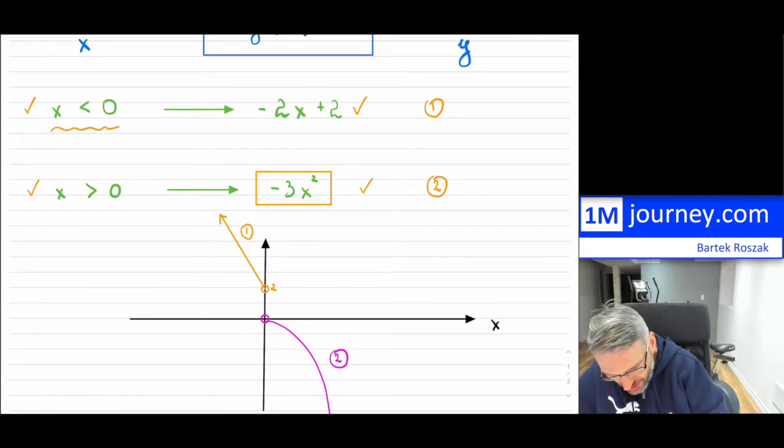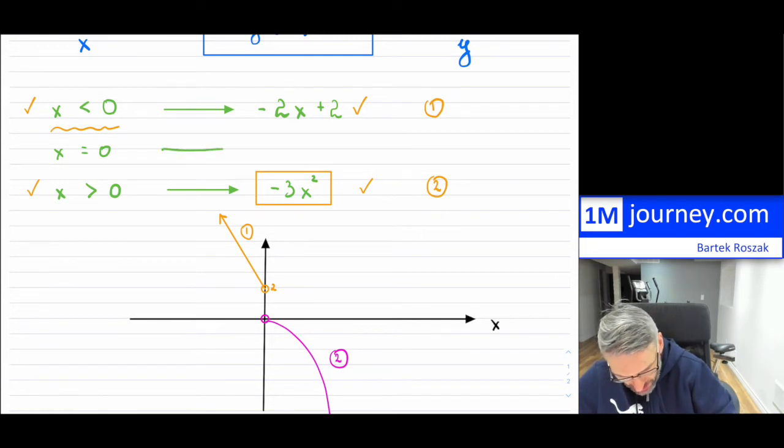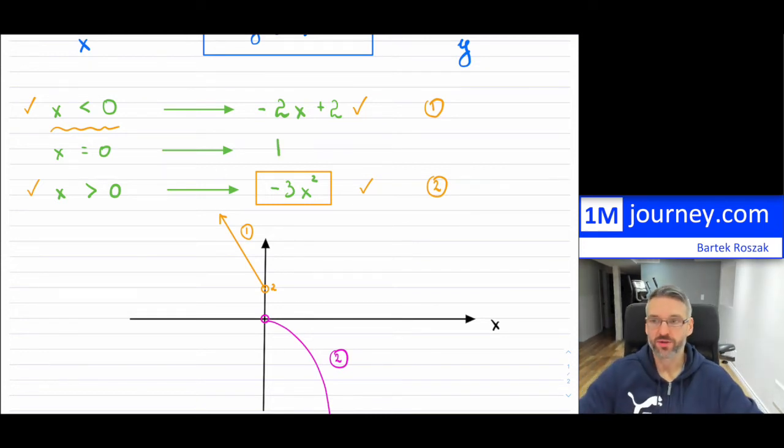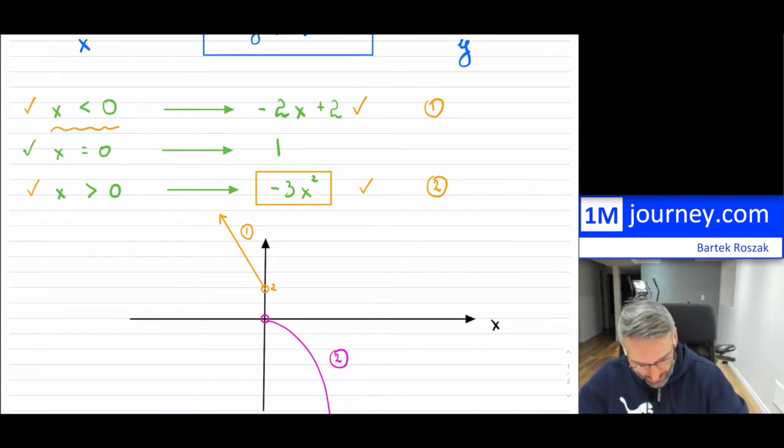And then I would say for x equals 0, I could map this to, let's say, just 1. So when that happens right here, this would have been my third piece. Since I have 1 and 2 on the other ones, I'll put this as 3.